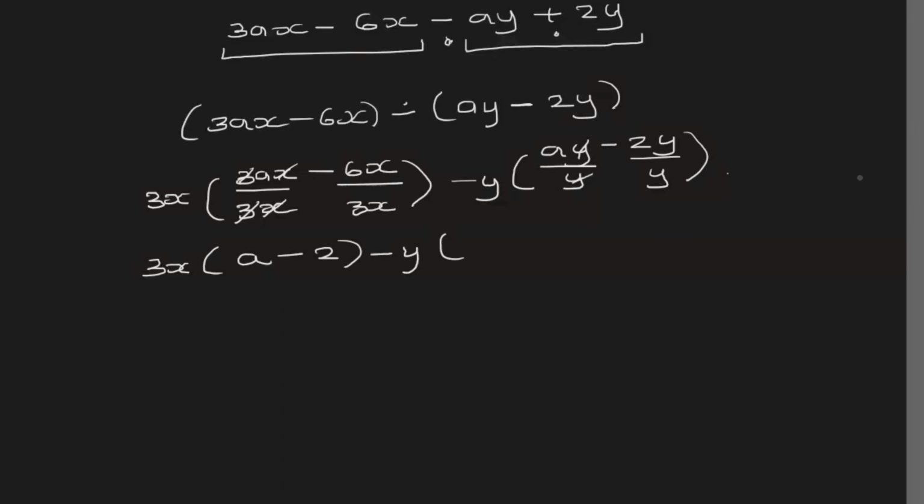So y and y will cancel out, and we're going to have a minus 2. So since the two parentheses are identical, you're going to have a minus 2, 3x minus y. What's the answer?